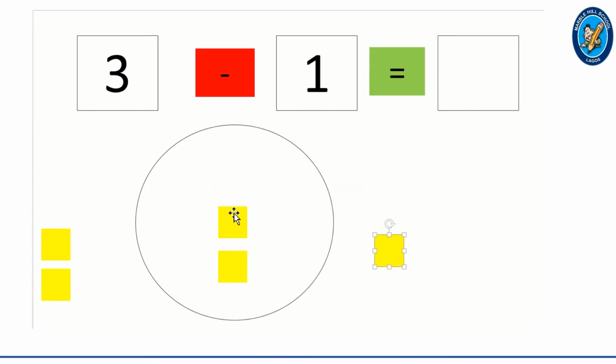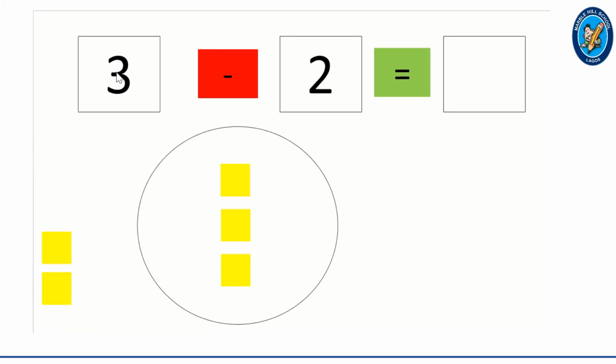And how many squares do we have left? Let's count. 1, 2. So when you remove 1 from 3, you have 2. So 3 minus 1 is 2. Good job, guys.